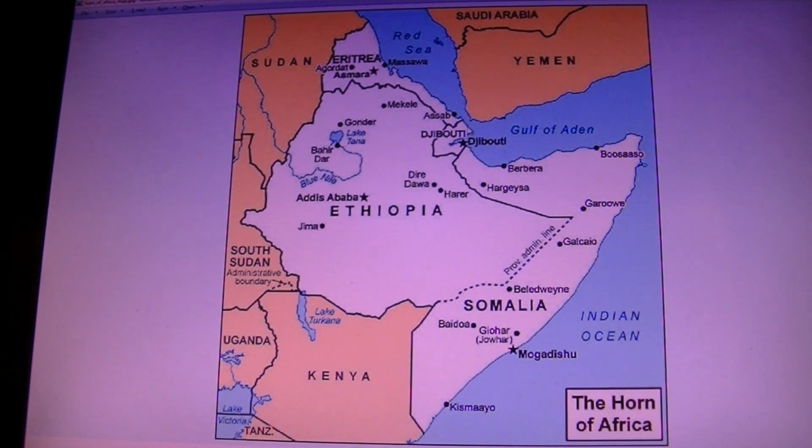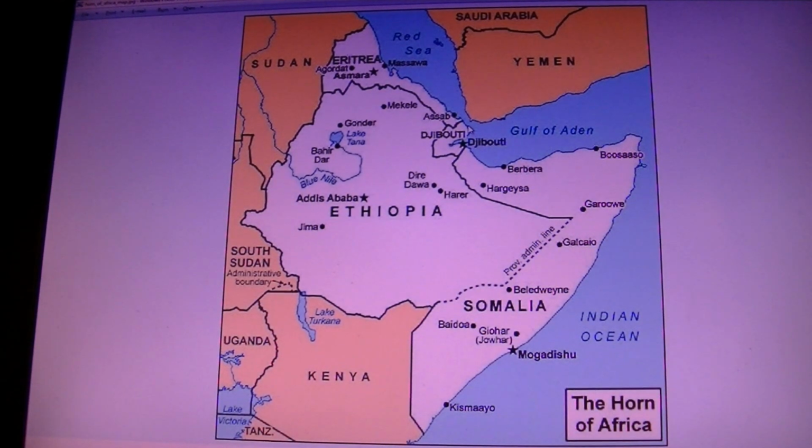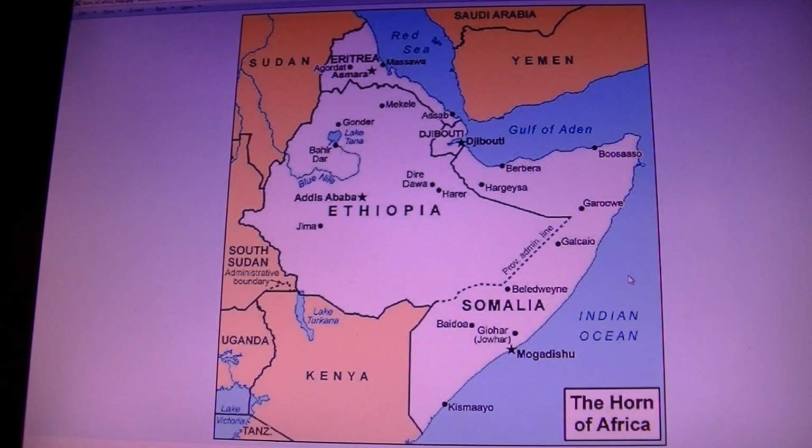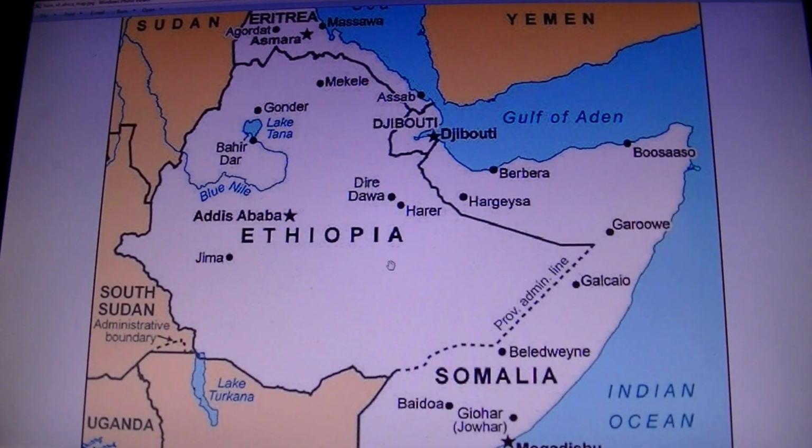You can see just how close that is, how precious that space is, how valuable that connection from the Red Sea coming from the Mediterranean to the Gulf of Aden into the Indian Ocean to India and China and all of that.